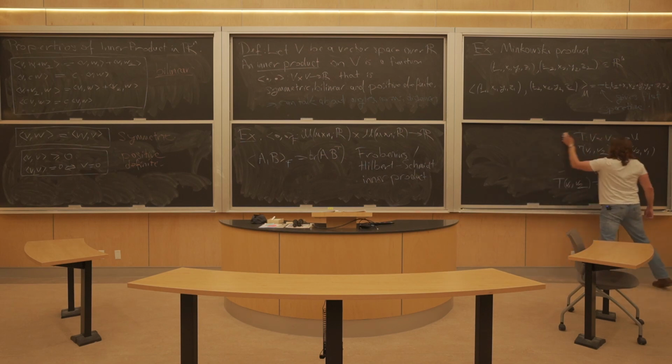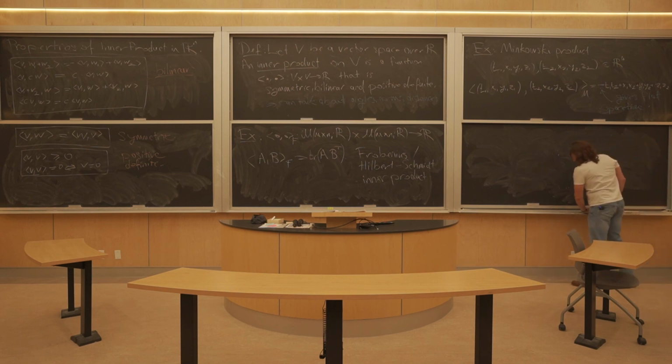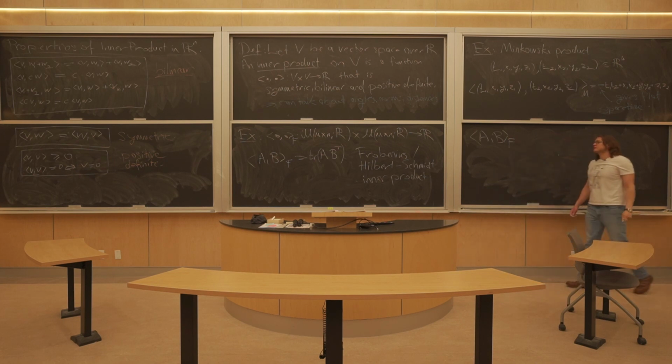It's slightly faster to write these down. So you can write it like this. A against B, inner, according to Frobenius. That's the definition.